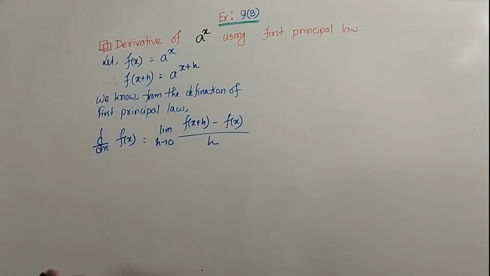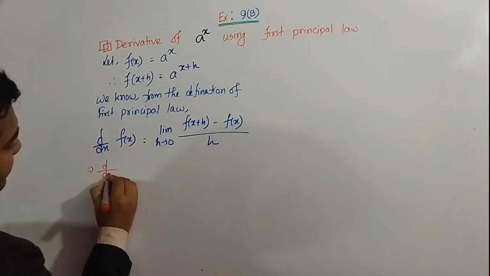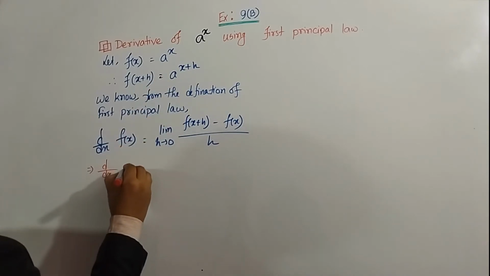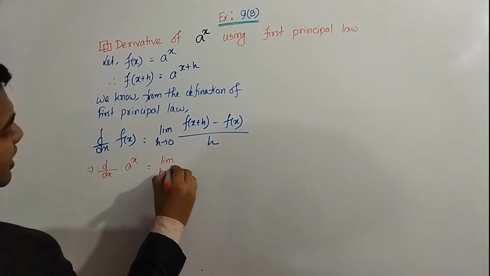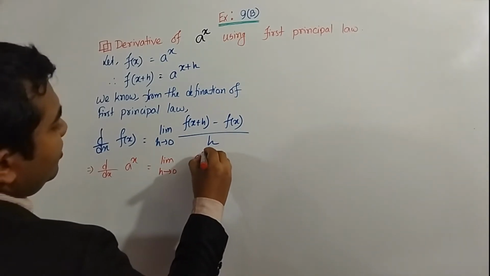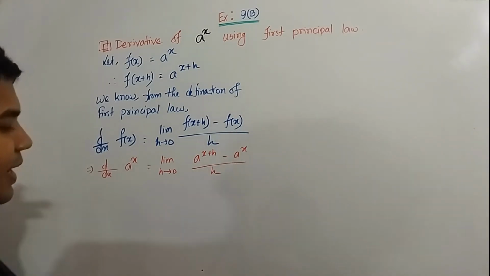Just putting the value of it here, d/dx of f of x, that is a to the power x, equals limit h tends to 0 of a to the power x plus h minus a to the power x divided by h.